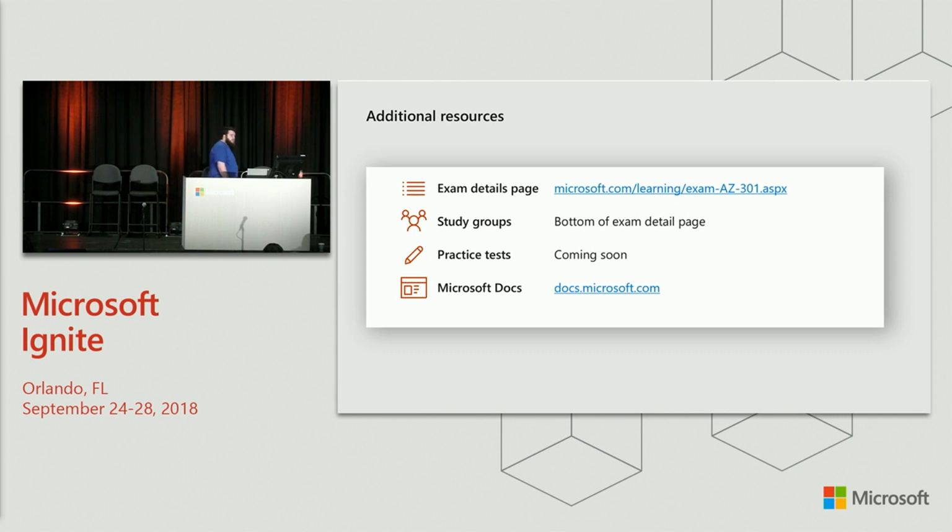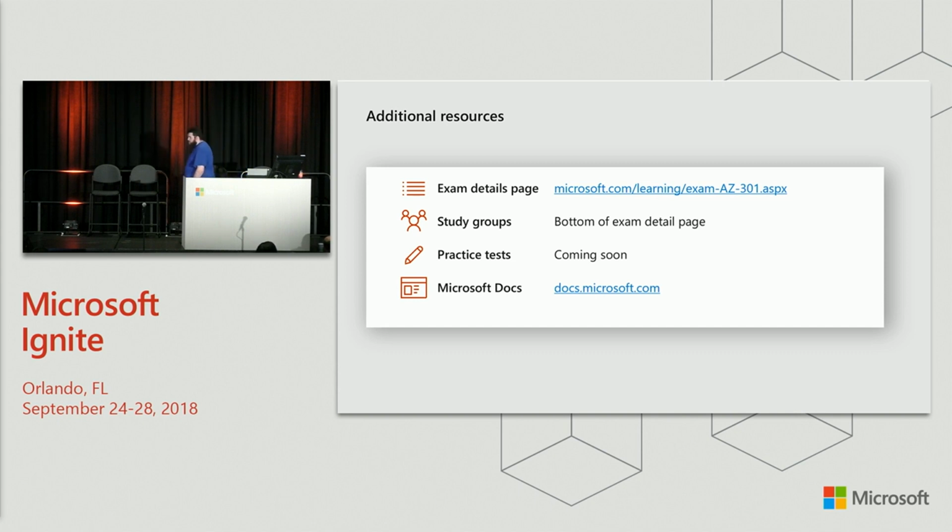Other resources. So again, I asked earlier if anyone had been to the exam page. If you have not, I really recommend that you go and look at the specific exam page. There's a section about halfway down that's called Skills Measured. It's the full list. It's got even more detail as to the topics that are covered on the exam.